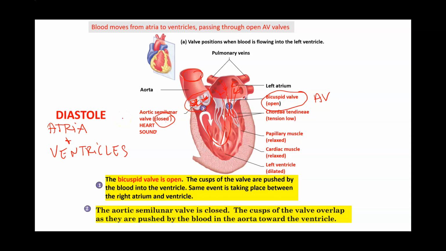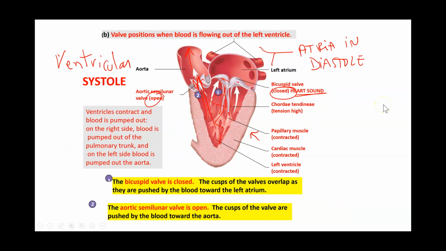At the very beginning of diastole, the semilunar valves are going to close, and that's going to give us a heart sound. Then during ventricular systole, when the AV valves close, that's going to give us a heart sound also.